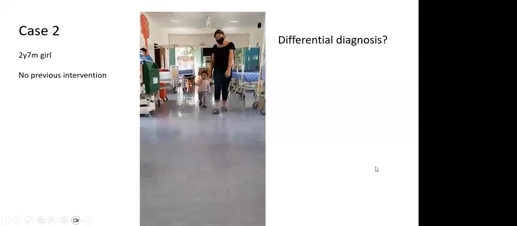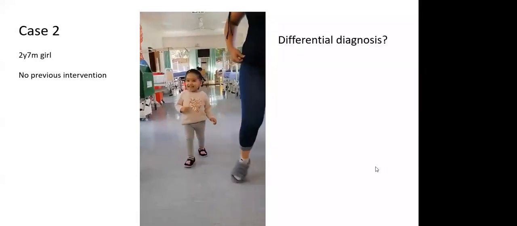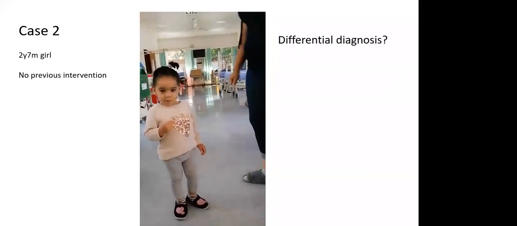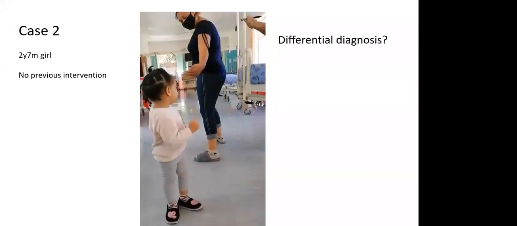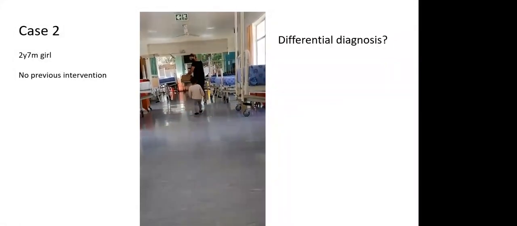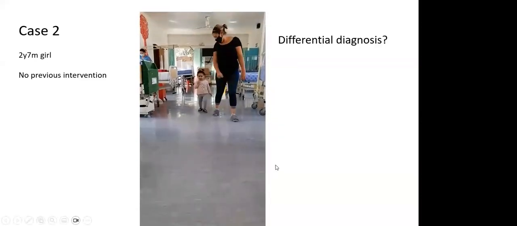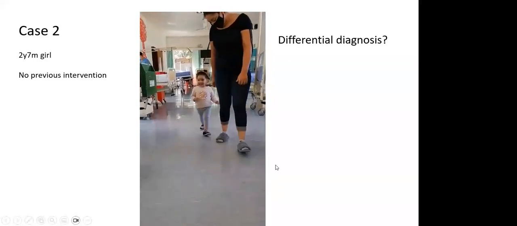So initially it appears to be a Trendelenburg gait. You can see the pelvis is actually not very smooth. She's going from the front of the camera to the back of the room.